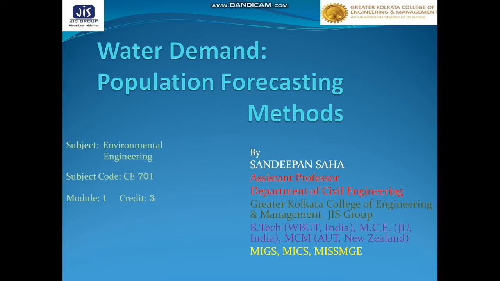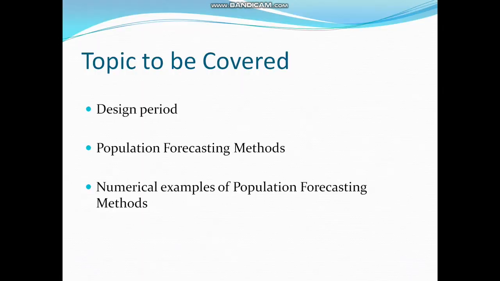So let us first look into the topics that we are going to cover in our current lecture, which are as follows. That is, we will be covering design period, population forecasting methods, and numerical examples.